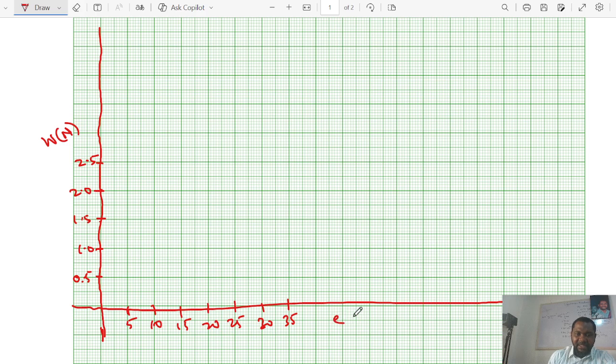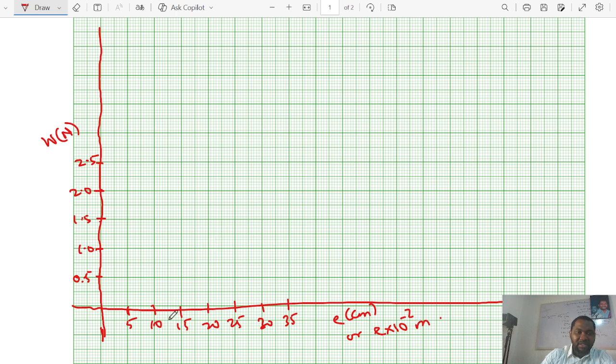And here I can write E in centimeters. Now it's either you say E in centimeters or you say E times 10 raised to the power minus 2 meters, because a centimeter is 10 to the power minus 2 meters. Please don't forget that. That's very important, because this is the SI unit.